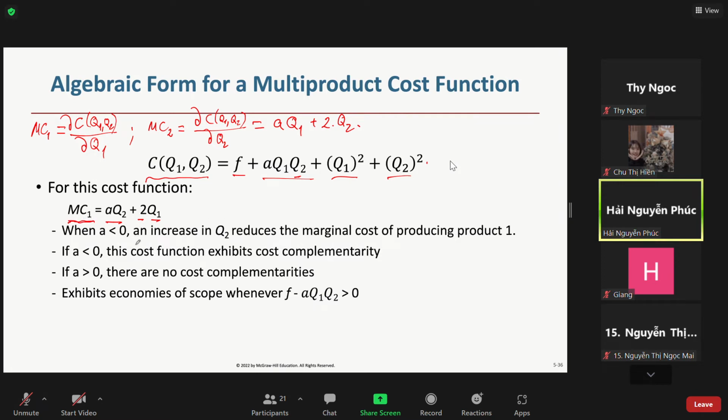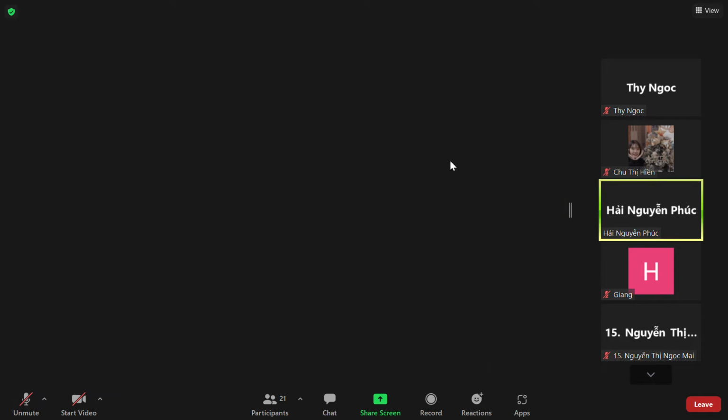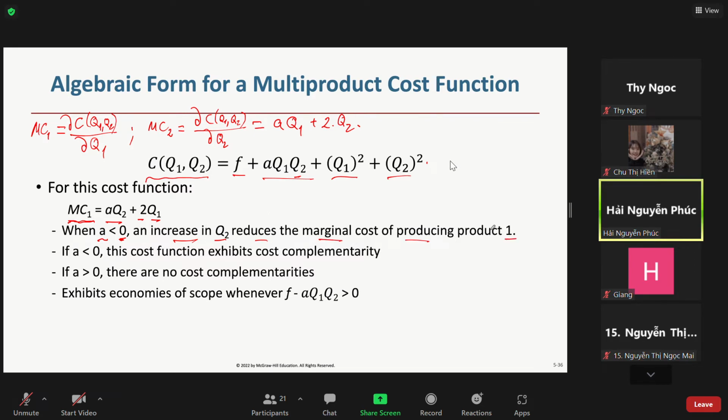And you can observe the following. If the coefficient A is negative, then an increase in the output of good 2 will reduce the marginal cost of producing good 1. If A is negative and we increase Q2, then MC1 will decrease.